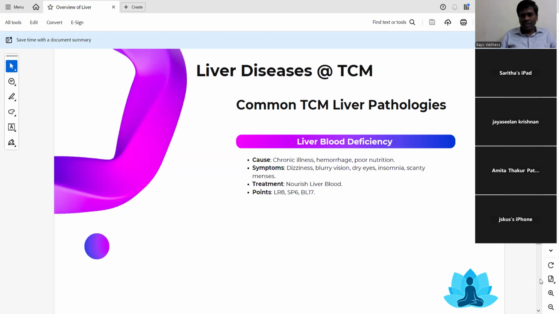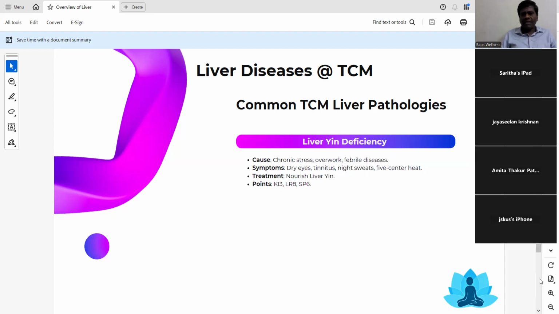We have to nourish the liver blood. The points we consider here are, of course, UB17. Along with that you can take GB39 also, then SP6, ST36 and liver 8, all the common points.